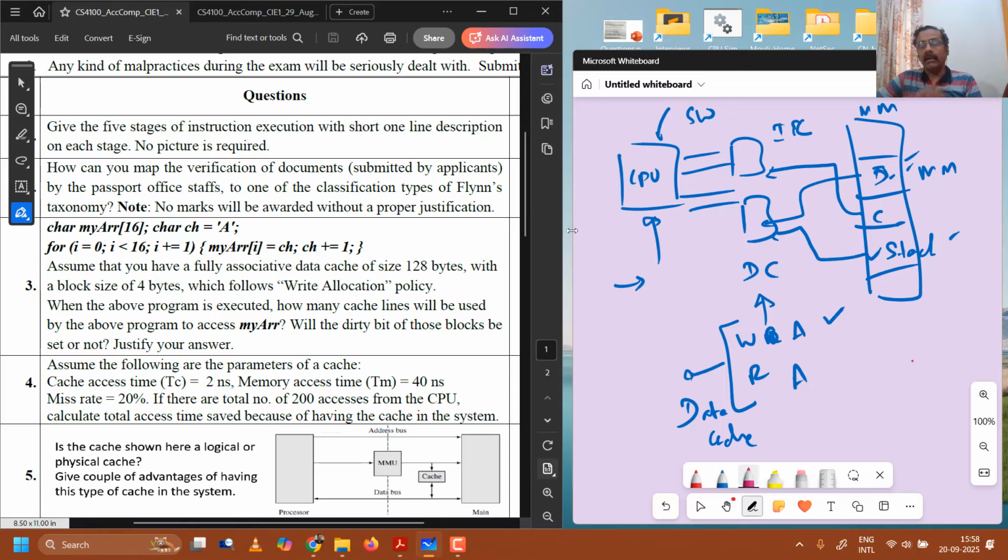That means if you are performing a 1 byte write, you don't have to bring the entire block of data from the memory to the cache. So it may be writing directly to the data memory. That means it is a read allocate cache.